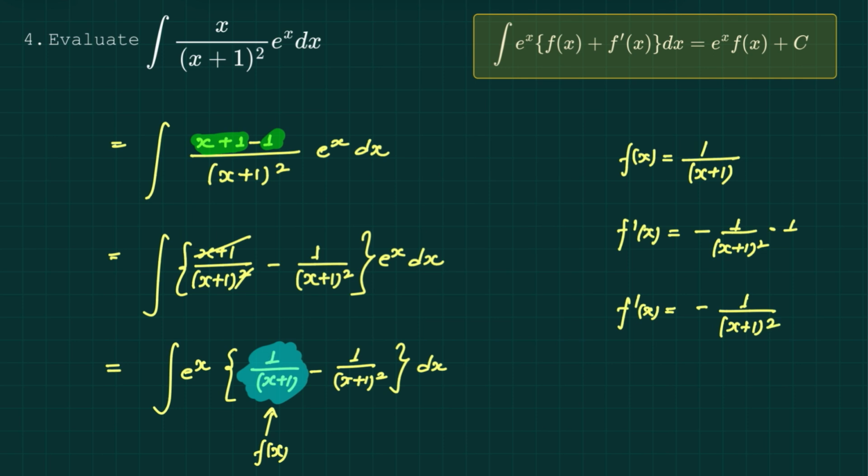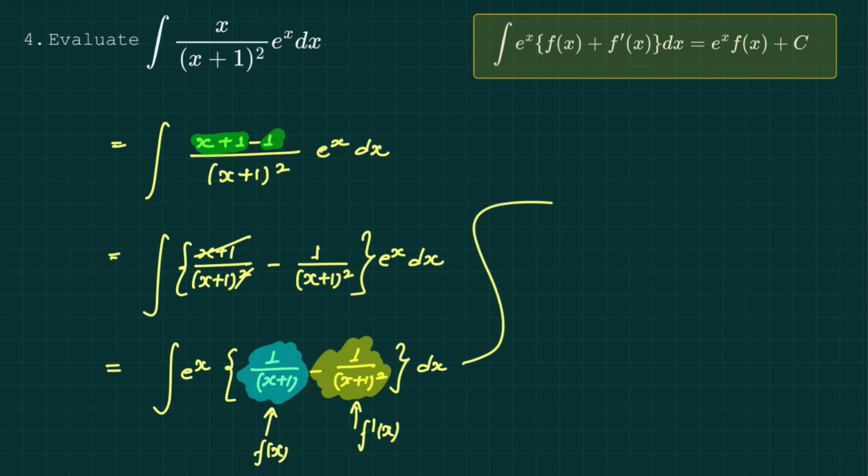That means the second term here, minus 1 over x plus 1 whole square, is my f dash of x. Now again this is in the type mentioned here. So the answer for this question will be e to the power x into f of x, that is 1 by x plus 1, plus c.